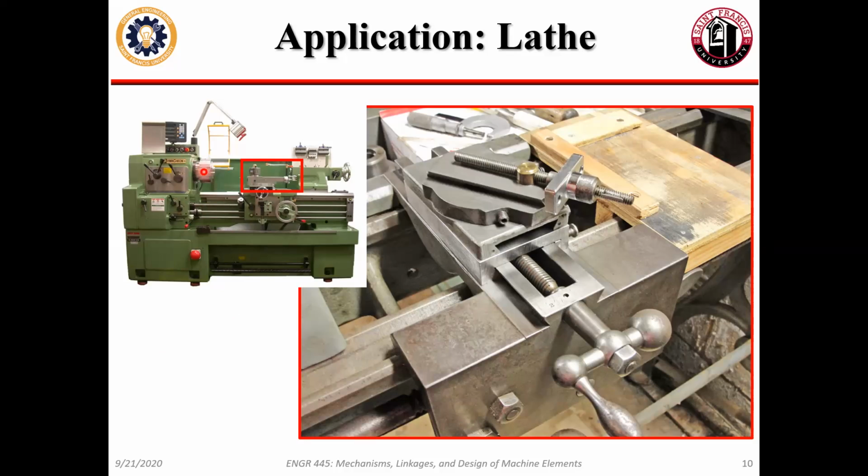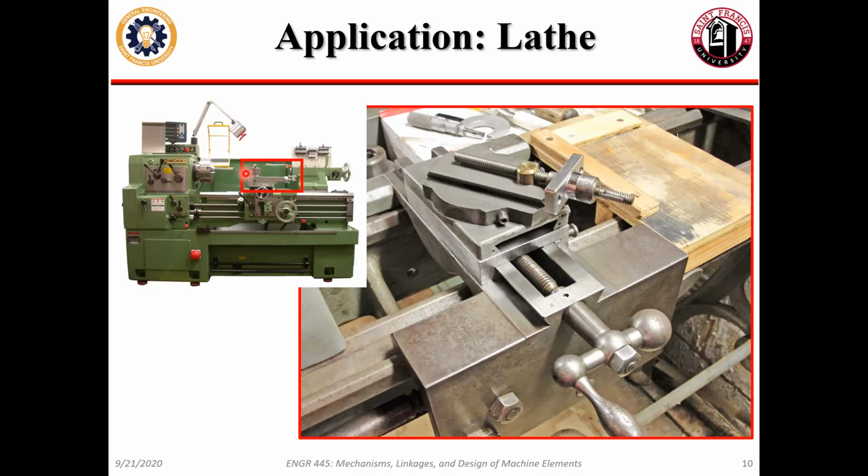You have the spindle here, where it holds some material that you're going to work on. You have your tool holder over here. This big crank moves this whole carriage, the big green thing here, side to side. A smaller handle here, like this guy, moves the tool holder into and out of the page as you're presently seeing it. And this tiny guy here moves what's called the compound rest, which is the block that the tool holder is actually sitting on. So you can get really fine adjustments.